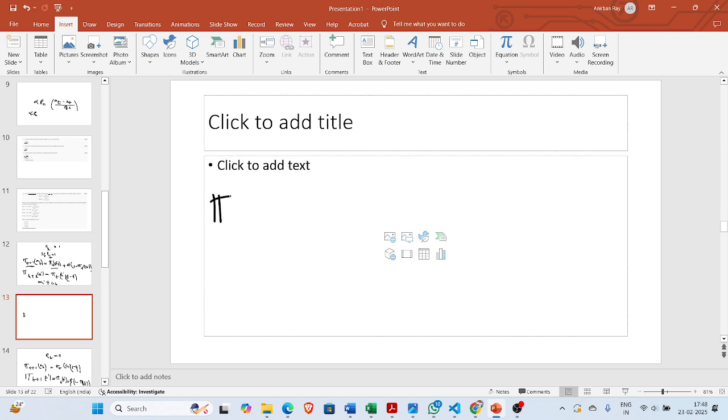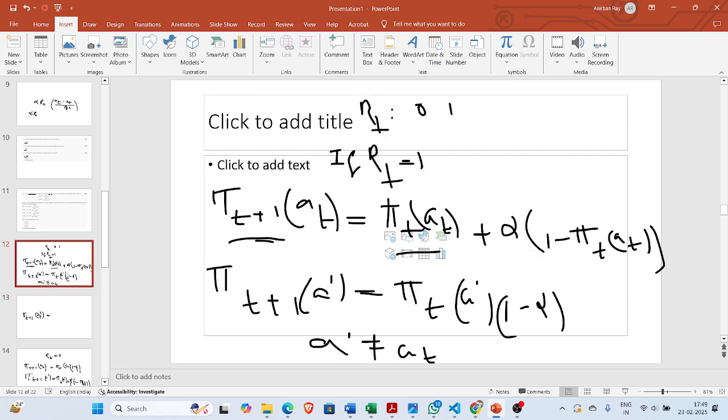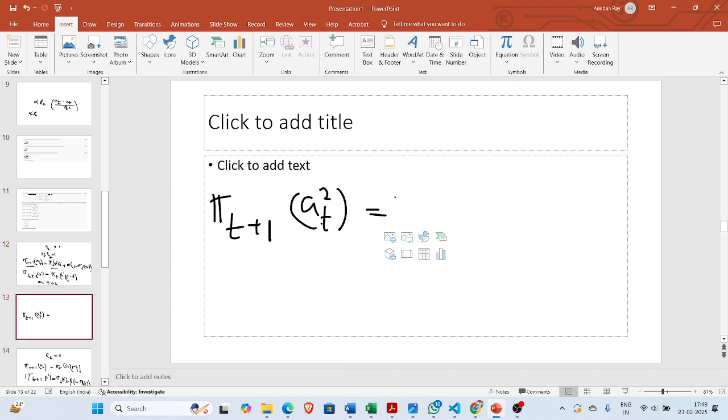So pi t plus 1 of a_t, here let's write a_t as 2, meaning the a2 case, and this is pi t of a2, and 1 minus that.